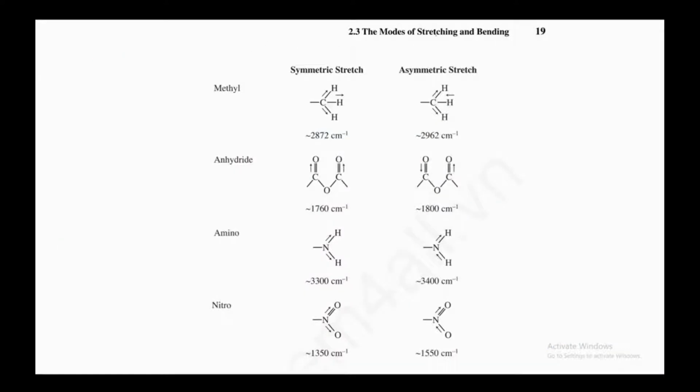Okay, let's go on. For methyl, the symmetric stretch gives a peak at 2872, and the asymmetric stretch gives a peak at 2962. In anhydride, we observe two peaks for the carbonyl group, one symmetric and another asymmetric. In the asymmetric one, one carbonyl is going down and the other is going up.